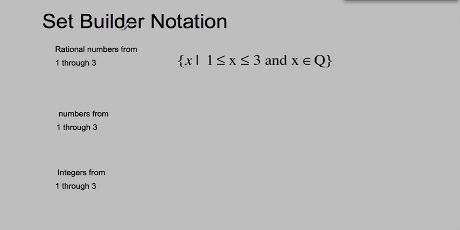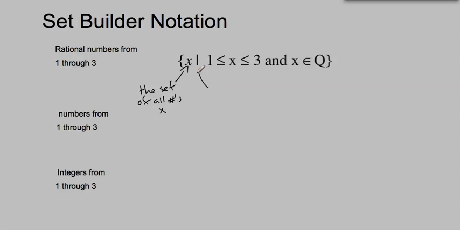When I talk about set builder notation, I'm going to start with a brace, open it up with a brace right here, and I'm going to write down a variable. I can write any variable, but typically we're going to use x. What this opening means is the set of all numbers x.